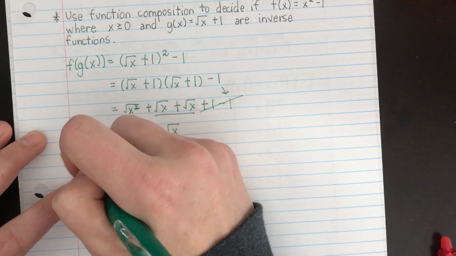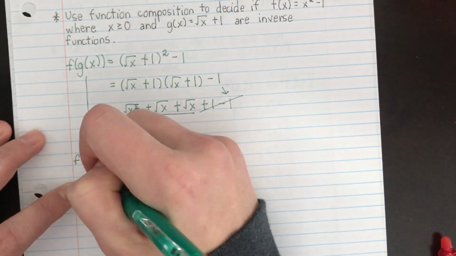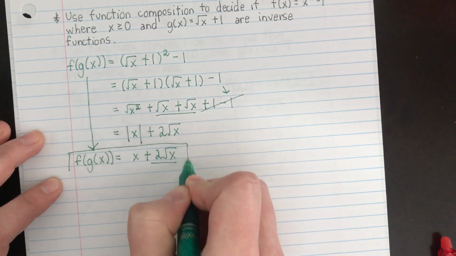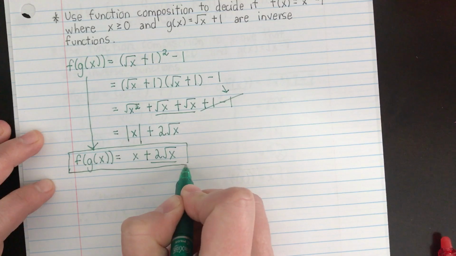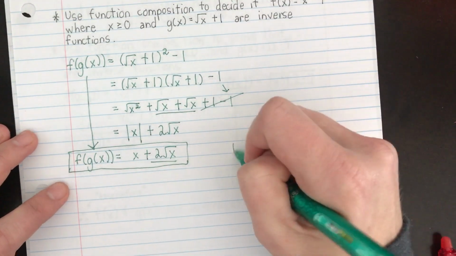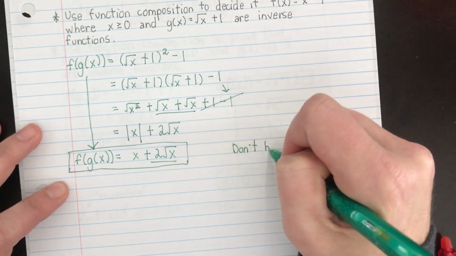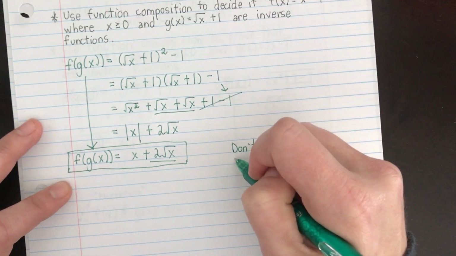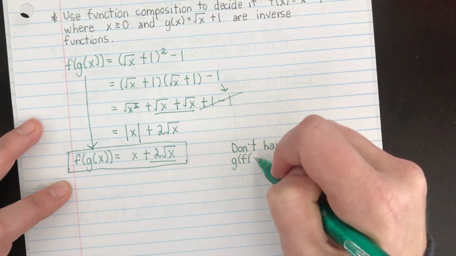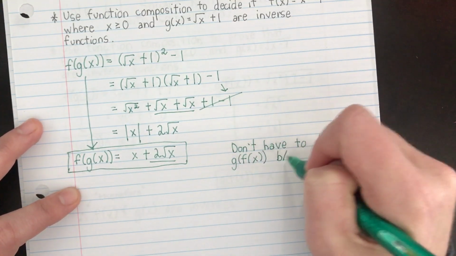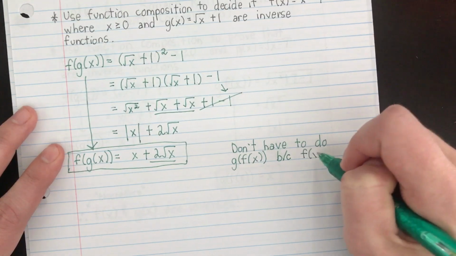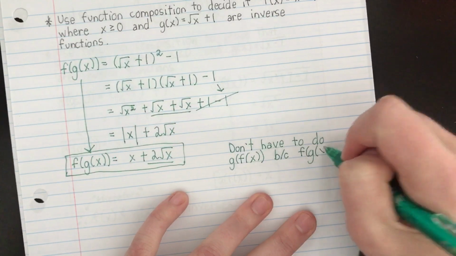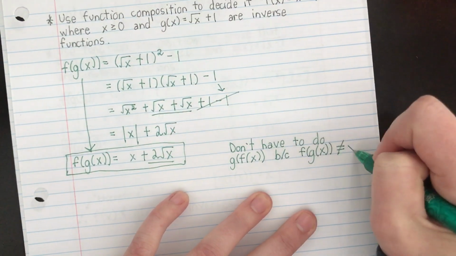So therefore, since f of g of x equals this hot mess, we don't even have to do g of f of x, because f of g of x did not equal just x.